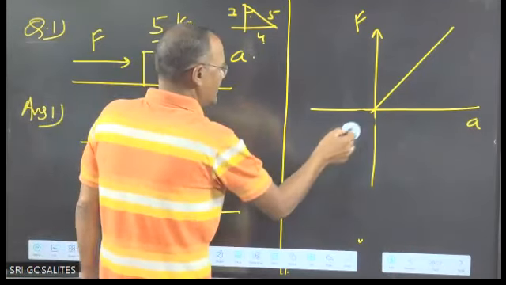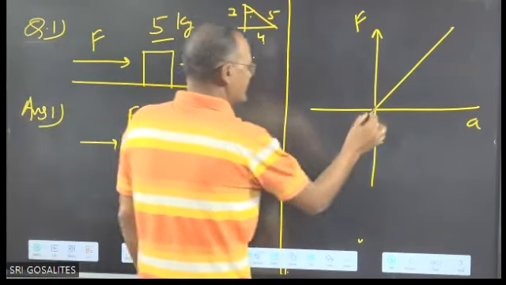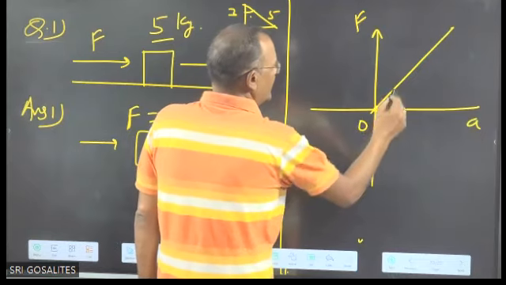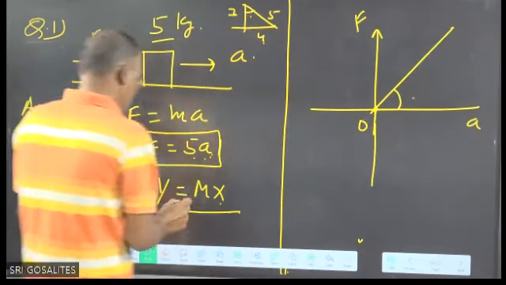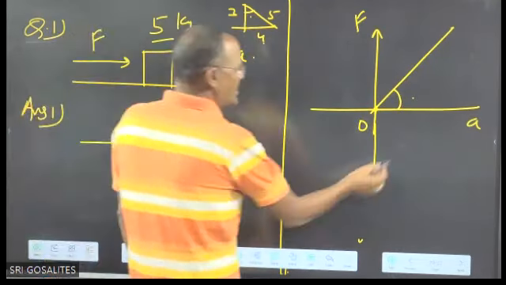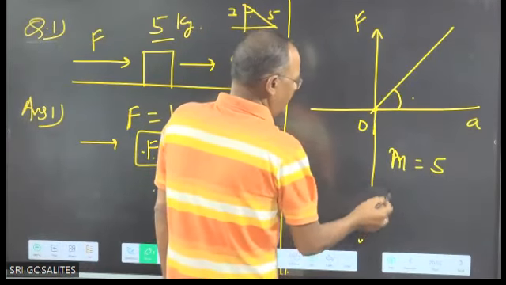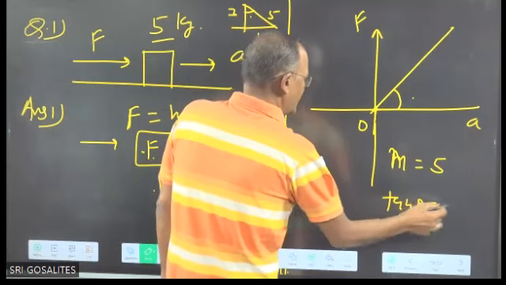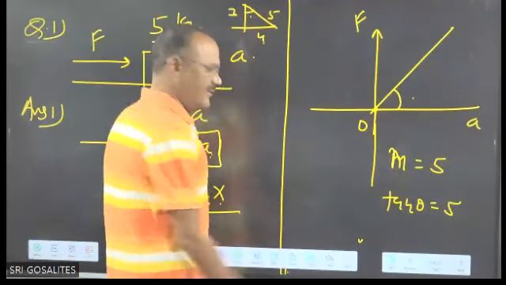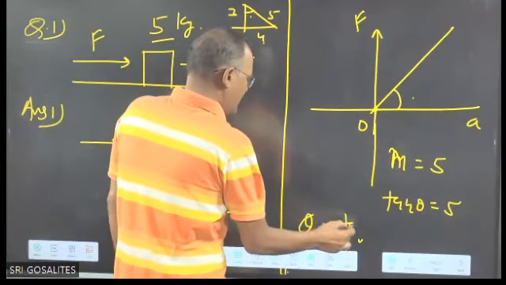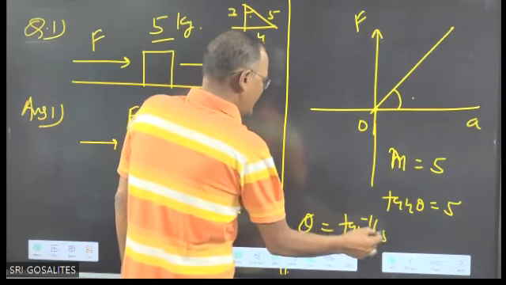So let us clean this part. Horizontal. Now, what is this? Slope is 5, which means m is 5. Tan theta is 5, because what is the slope? 5. So theta is tan inverse 5.